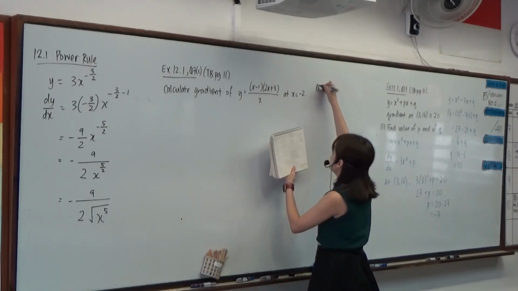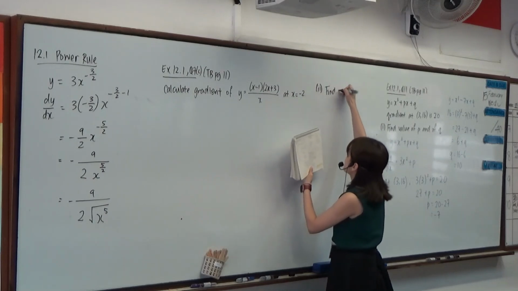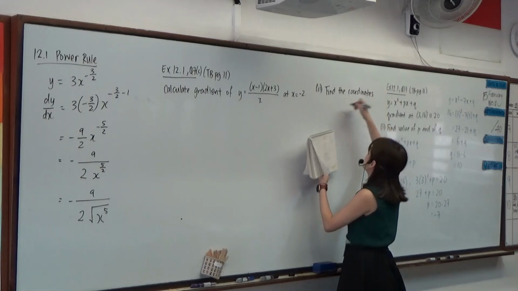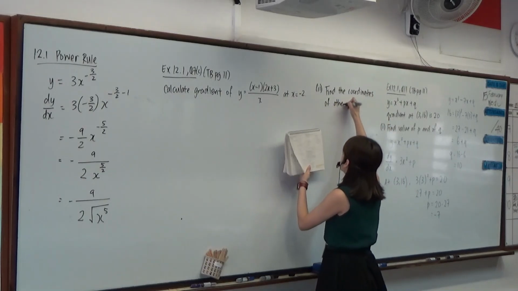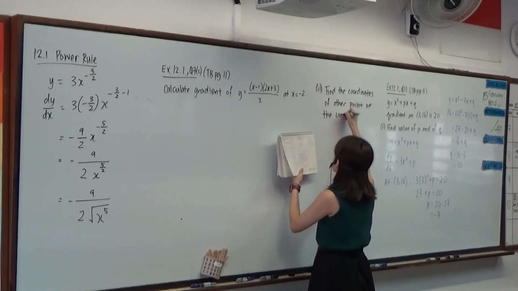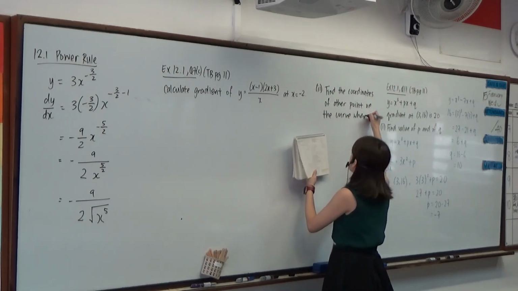Okay, next, part 2. We want to find the coordinates of the other point on the curve where the gradient is 20.